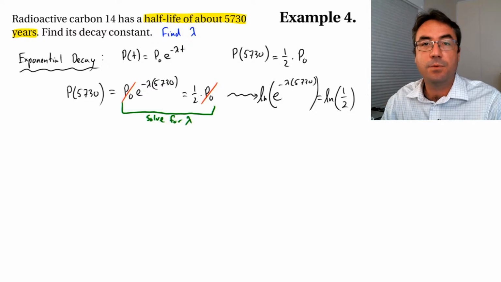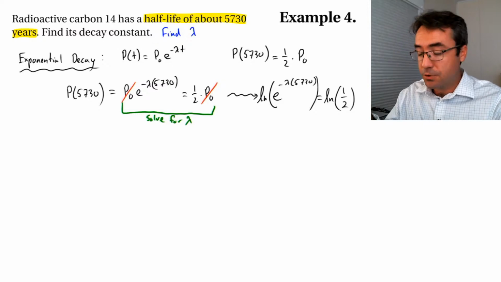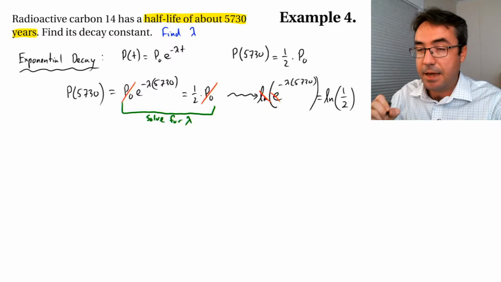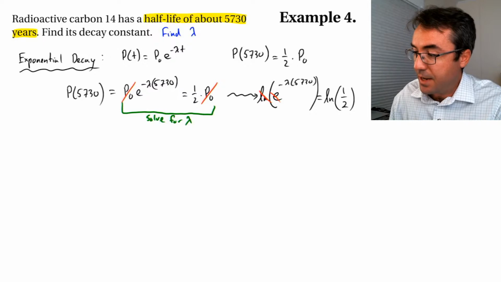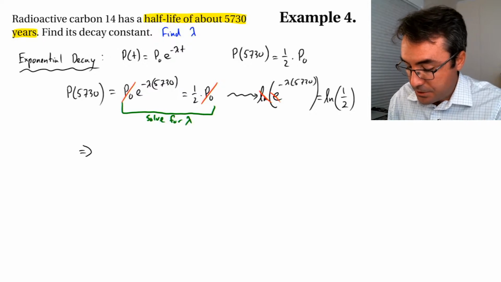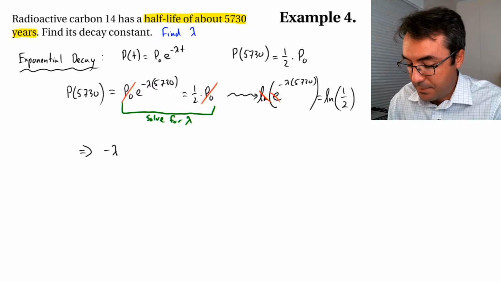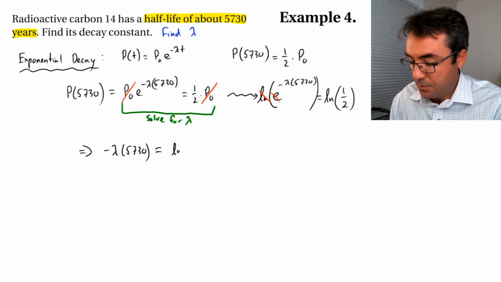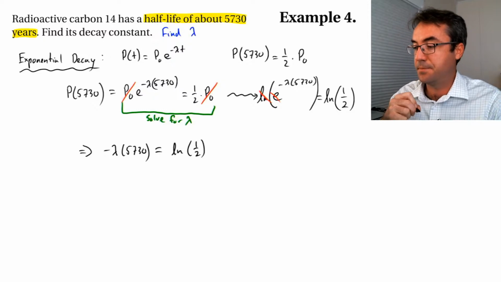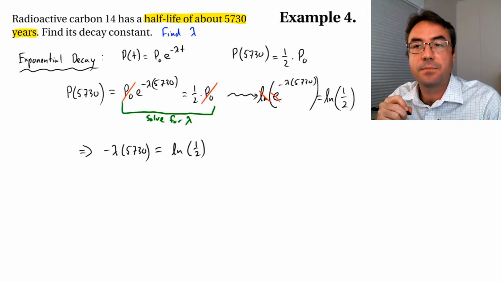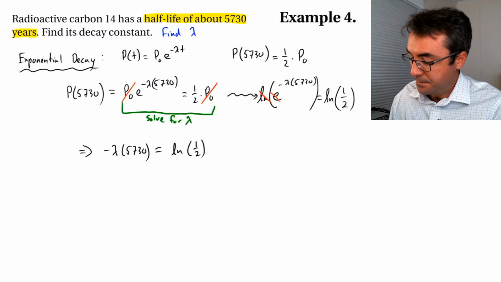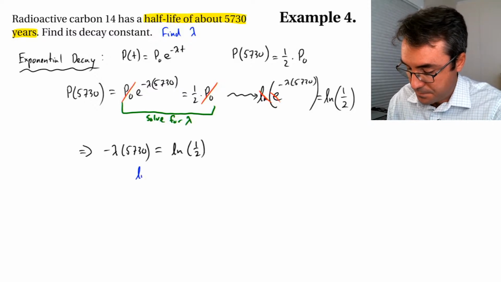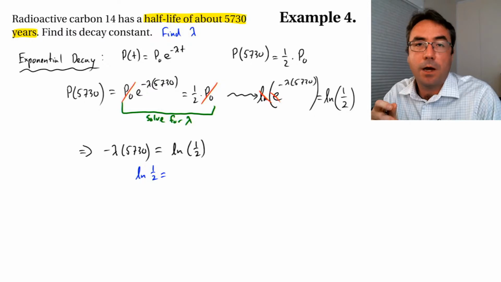Natural log of 1/2, we'll deal with that in a second. But the natural log of e and the natural log of that exponential cancel off. And on the left-hand side, what we're left with is just the term in the exponent, the negative lambda times 5,730. And this should all be equal to natural log of 1/2. Now we can actually simplify that natural log of 1/2 a little bit using our log properties.